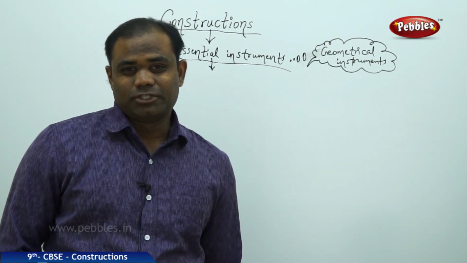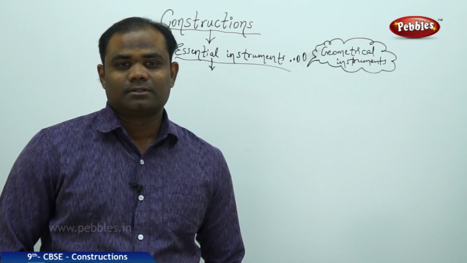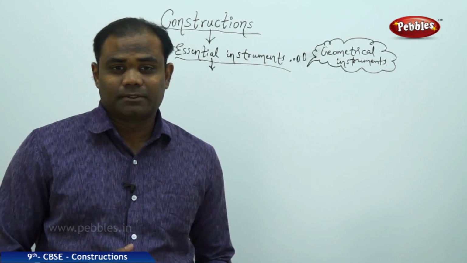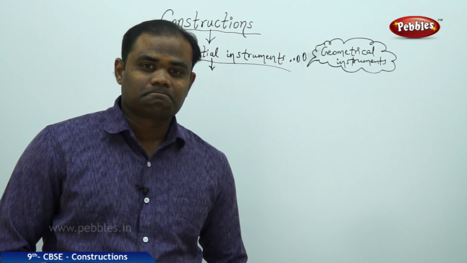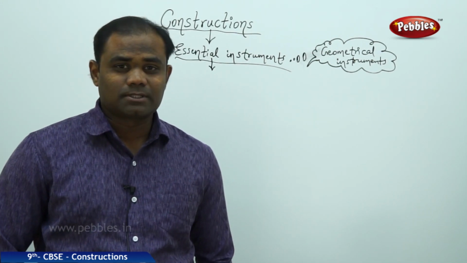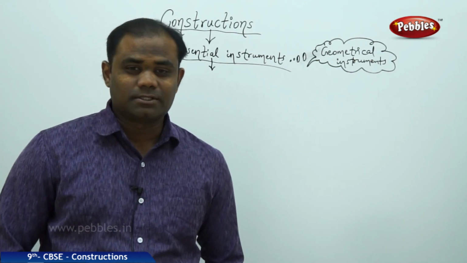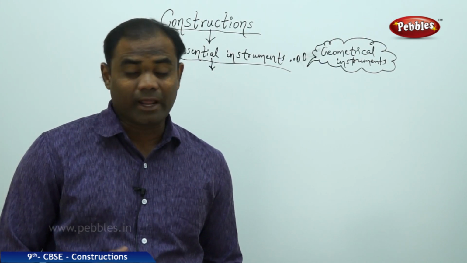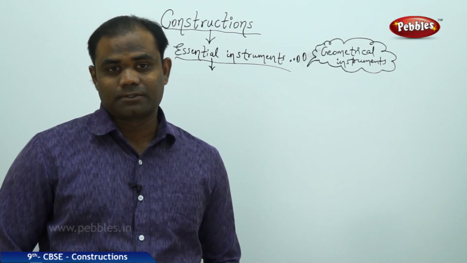The third essential geometrical instrument is the protractor. The ruler, the compass, and now comes the protractor. Let's see the significance of the protractor in the branch of constructions.